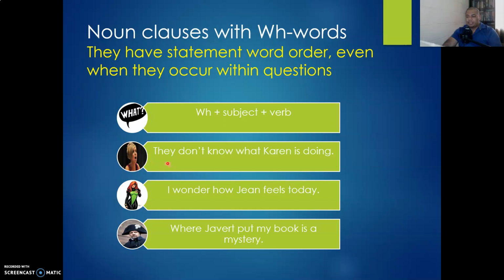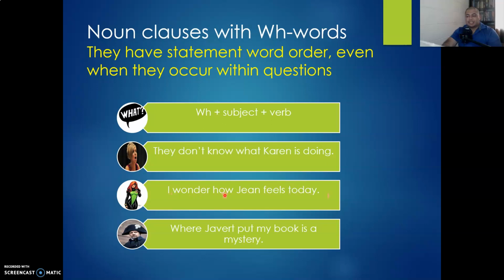Now, I want you to see this example. They don't know what Karen is doing. See? WH word, we have a subject and we have a verb. I wonder how Jim feels today. I have this noun clause over here. I wonder how.